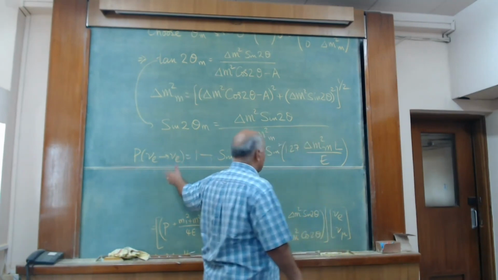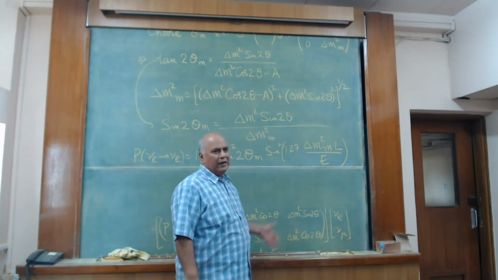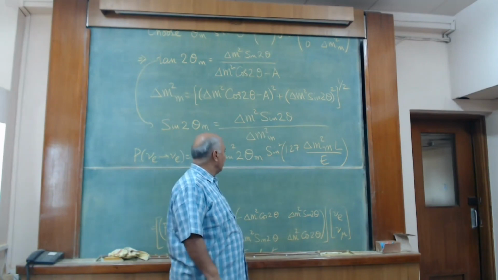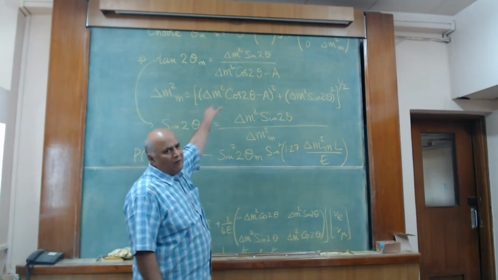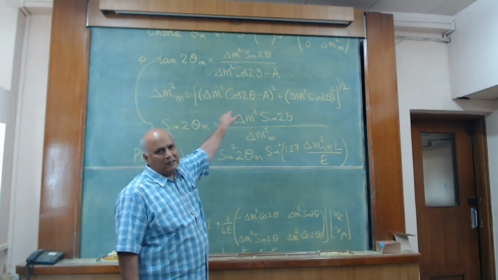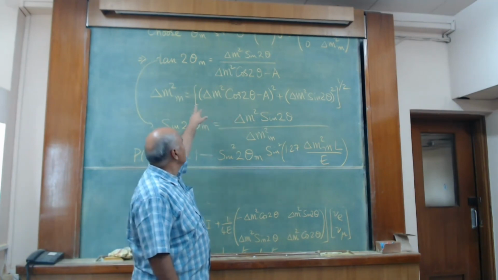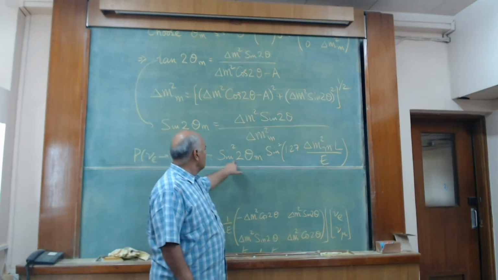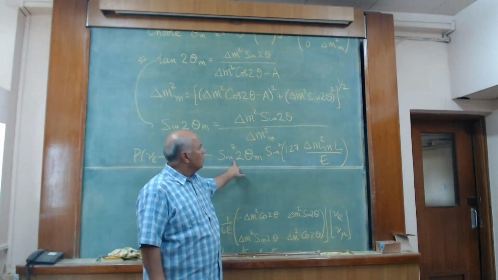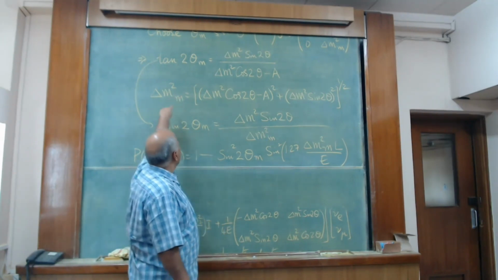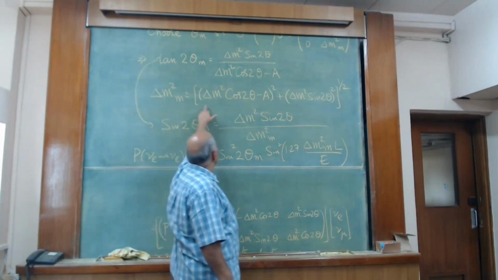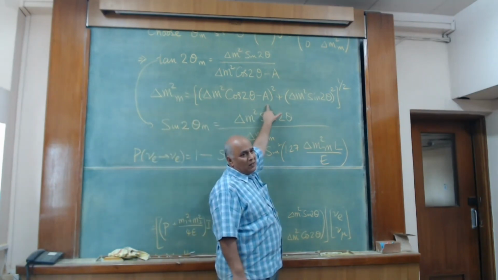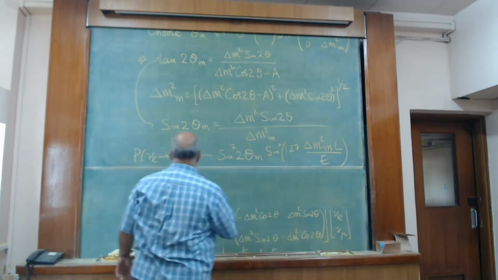And similarly for nu mu to nu e, etc. Now you say, I will fine tune my energy so that delta m square cos 2 theta equals A. So this becomes 1. But if you look at this expression, this is becoming 0.